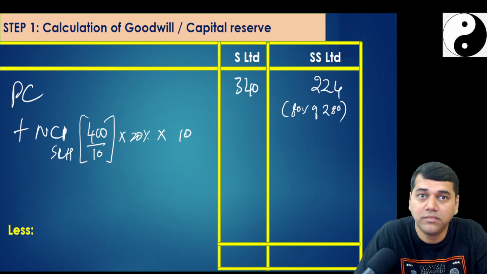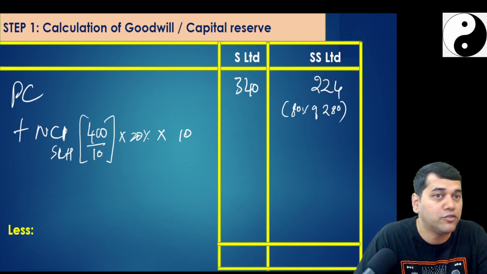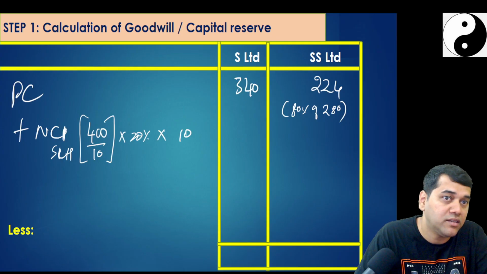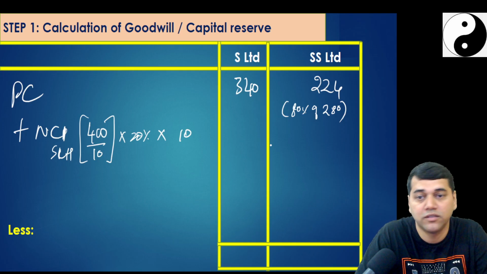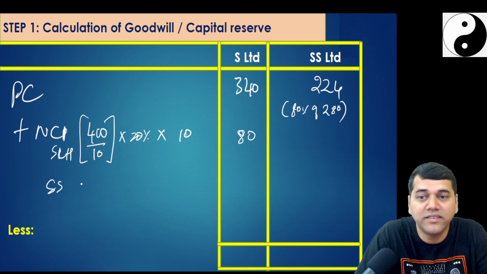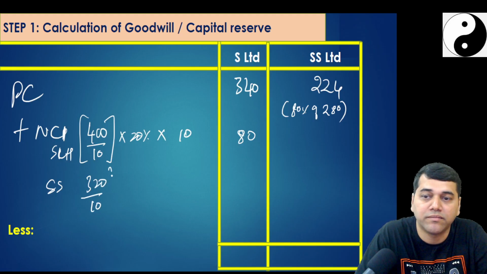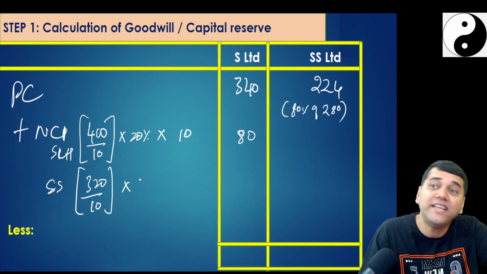In the exam, they may give you a different market price. So first you need to find out the number of shares, check how much NCI is holding, and then multiply with the market price of S Limited. So you get 80. How much is my NCI here? So you have got 320 divided by 10. How much is the NCI at SS level?